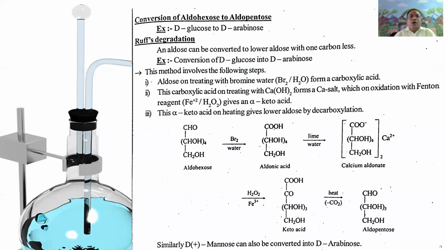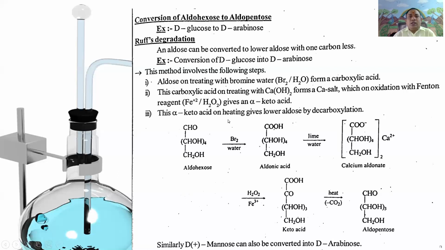Third step, calcium gluconate upon treatment with Fenton's reagent, FeSO4 H2O2, gives keto acid. Fourth step, keto acid upon heating, with removal of carbon dioxide, gives aldopentose. It is called Ruff degradation.